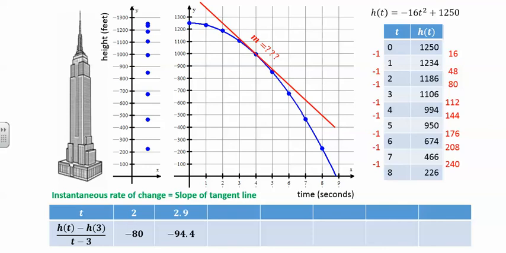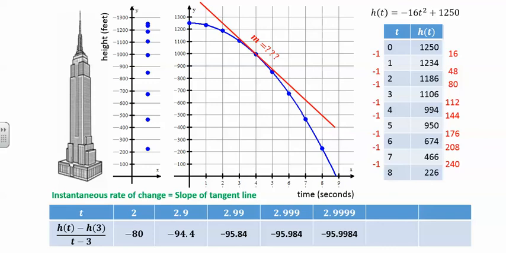Next, we'll jump ahead to t equals 2.9, where there is 1/10 of a second in the elapsed time between the data points. And then on to 2.99, where there's 100th of a second in elapsed time, to 2.999 and 2.9999, where there is only 1/10,000th of a second in elapsed time between the 2 points.